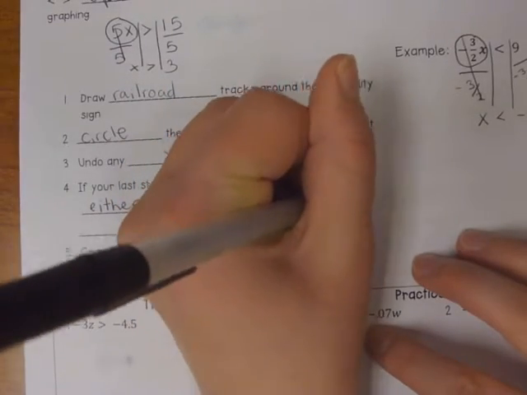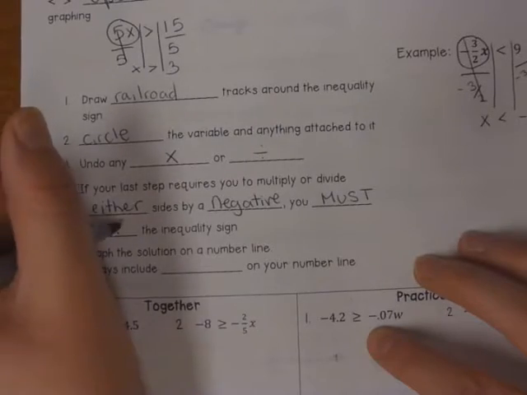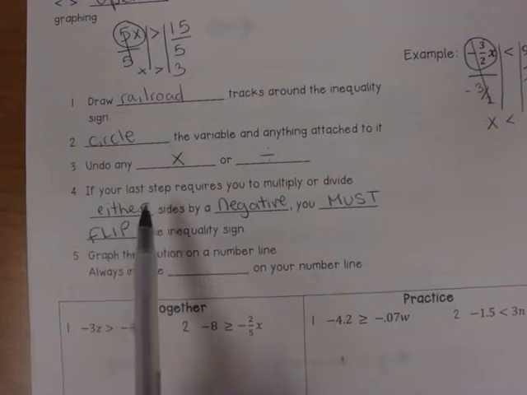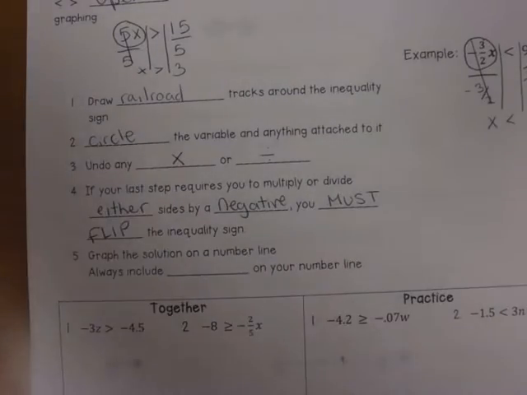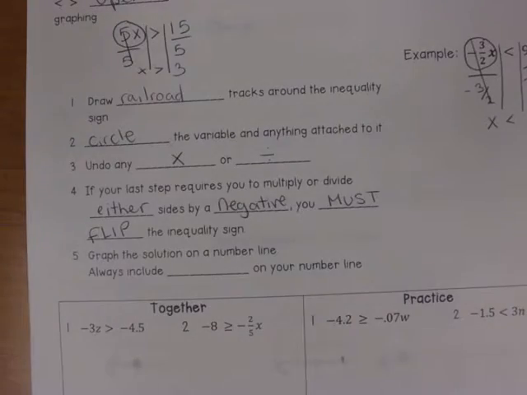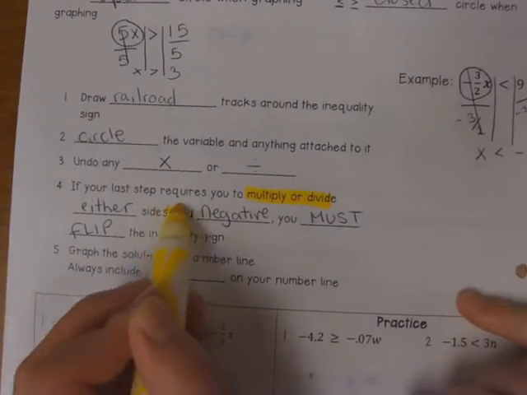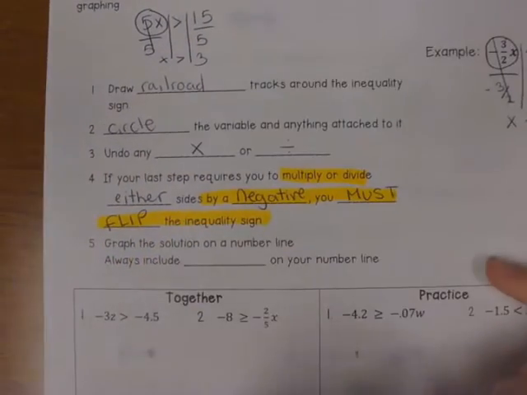So your last step is that if either side requires you to multiply or divide by a negative, you must flip the inequality sign.